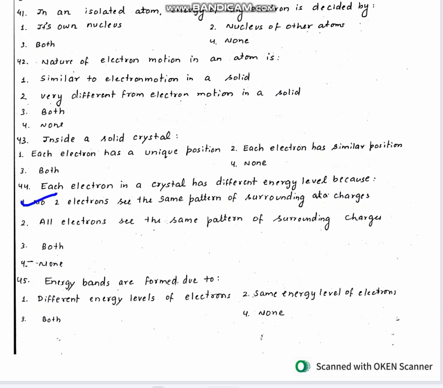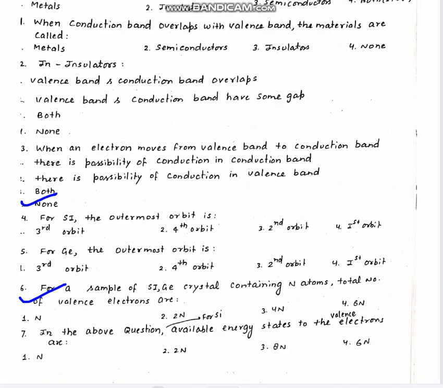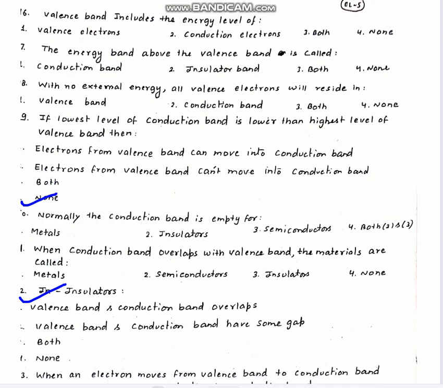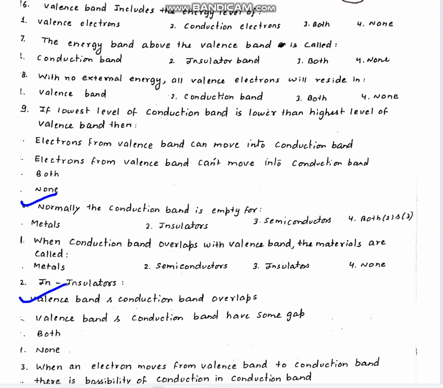Next is: energy bands are formed due to, obviously, the different energy levels of electrons. So the first is correct. Next is: the valence band includes the energy levels of valence electrons. The energy band above the valence band is called the conduction band.